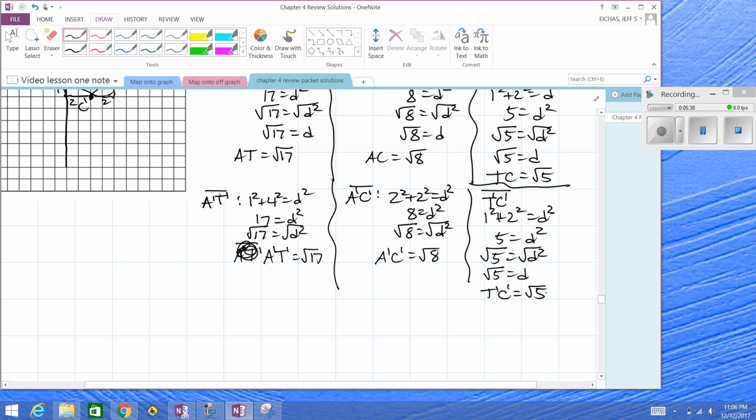All right, now we have to go through the process here, okay? And we've got to start talking about it. So we're going to say AT is congruent to A prime T prime because they have equal lengths.